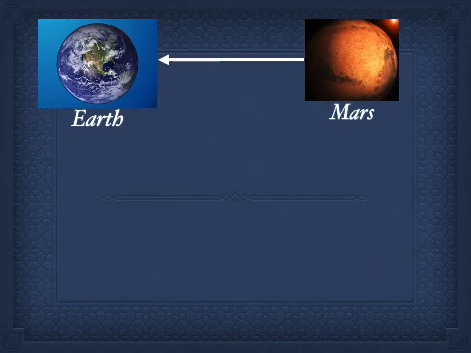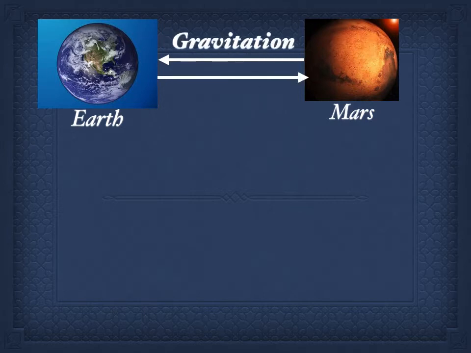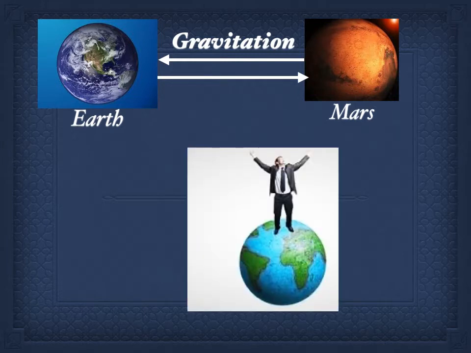So we can define gravitation as the force of attraction between any two bodies of the universe, for example here, Earth and Mars. Then what is gravity? Gravity is the Earth's gravitational pull on any body lying on the Earth's surface.